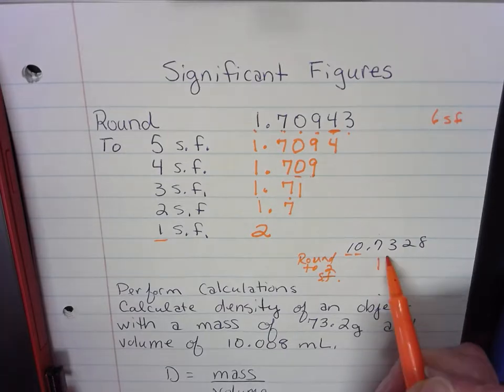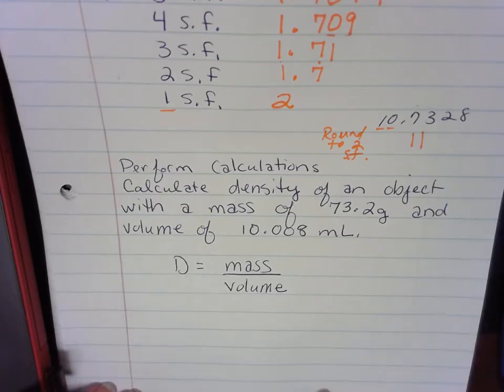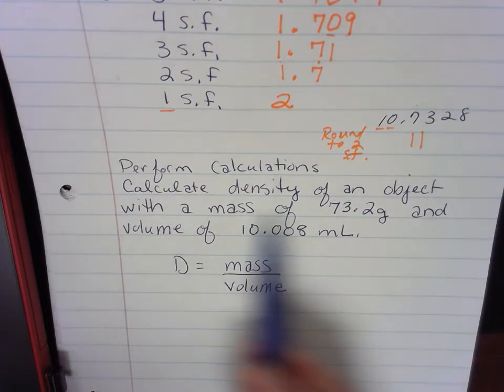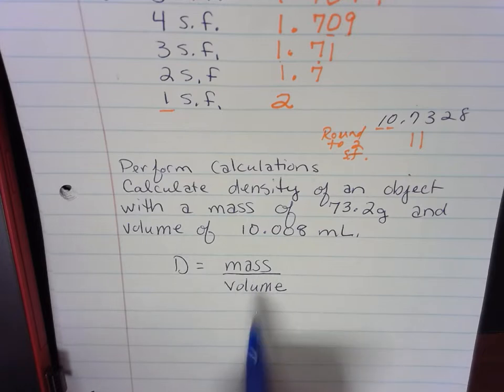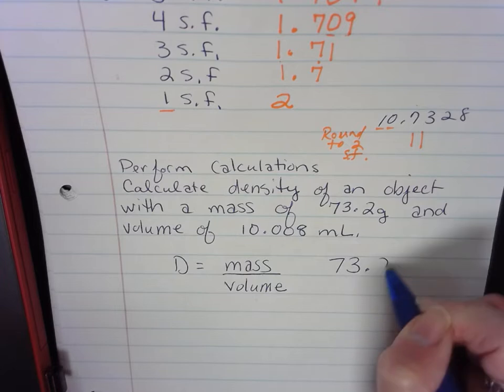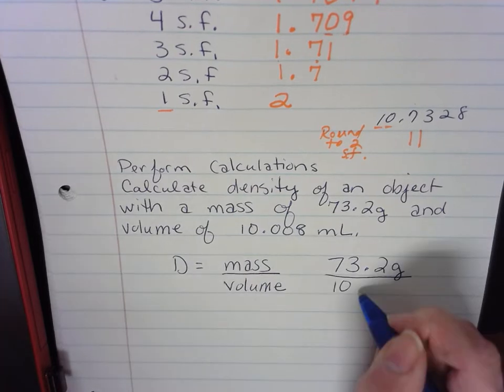Alright, now let's take this to the next step, which would be performing a calculation involving significant figures. Calculate the density of an object with a mass. Density is mass divided by volume. The mass is 73.2 grams and the volume is 10.008 milliliters.